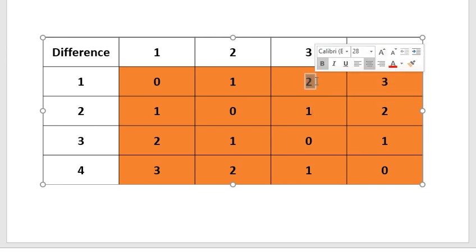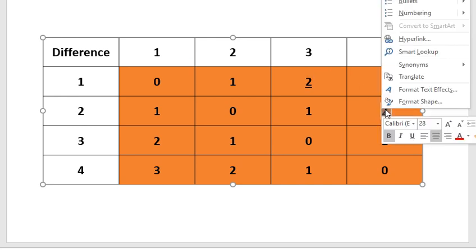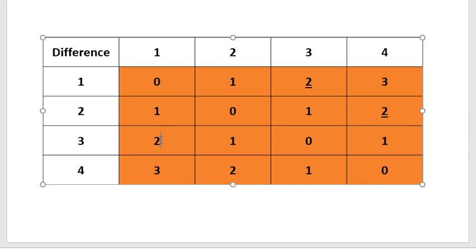Now, highlighting all of the differences of 2, which are here, we see, once again, we have exactly 4 where the difference is exactly 2.